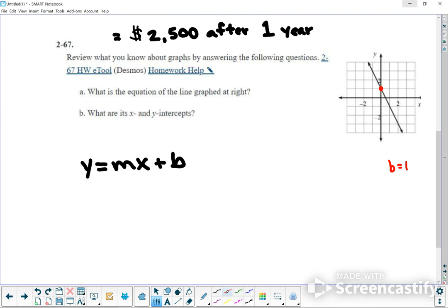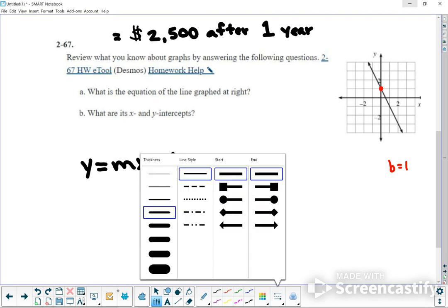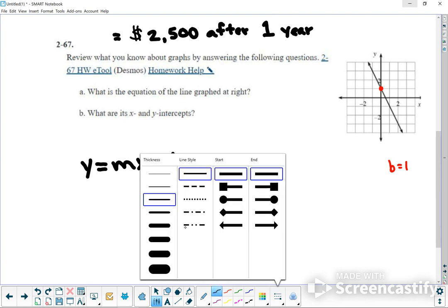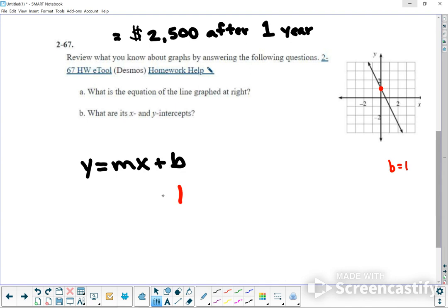Now that we know the b is 1, y equals mx plus 1. Now we also need to find out what the m is. If you pick a point and you pick another point, like right there, now you've got to find the rise, or the change in the y.